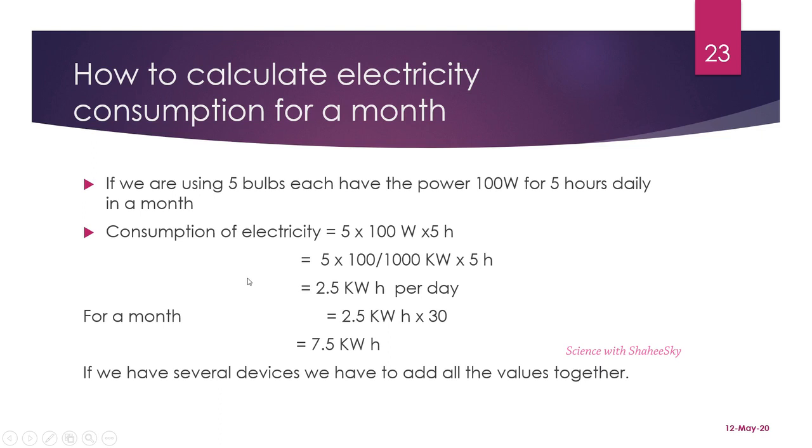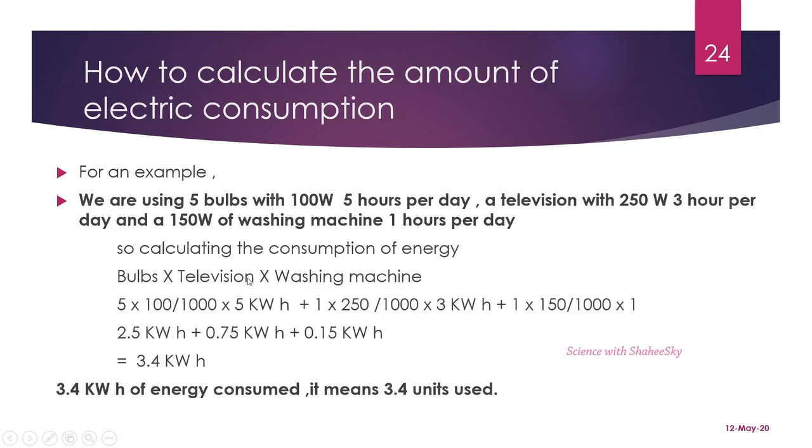For example, we are using 5 bulbs of 100 watts for 5 hours per day, a television of 250 watts for 3 hours per day, and a 150 watt washing machine for 1 hour per day.